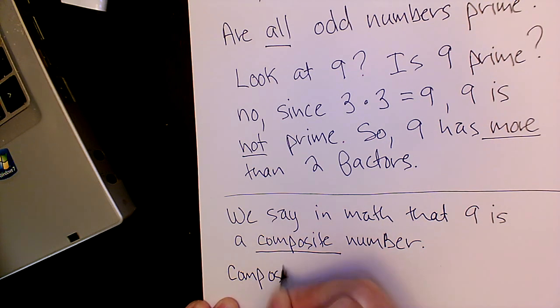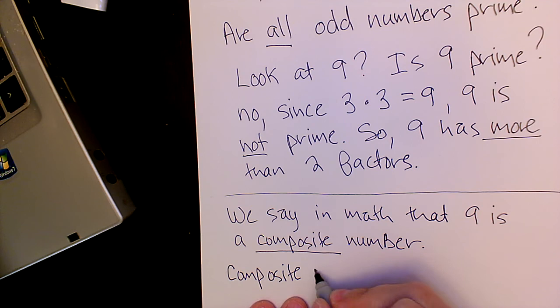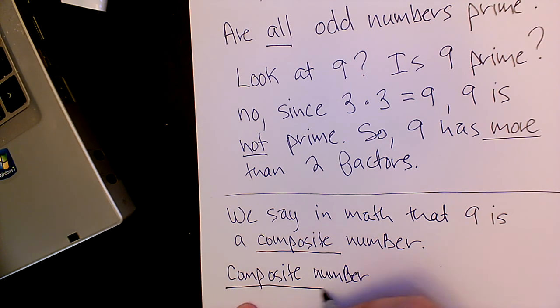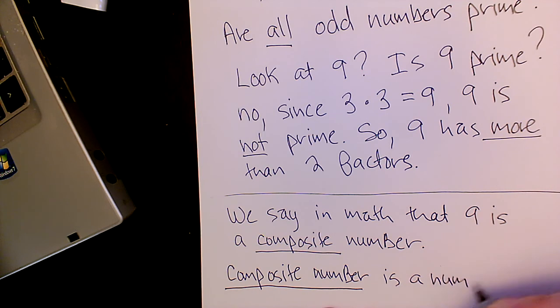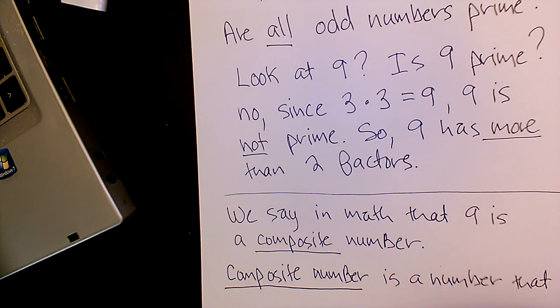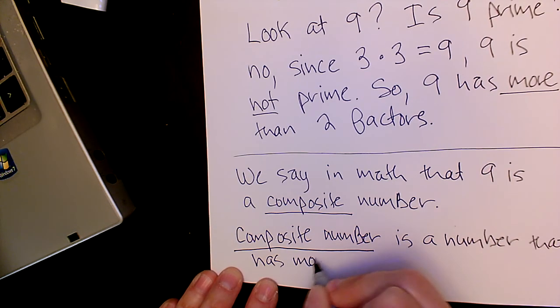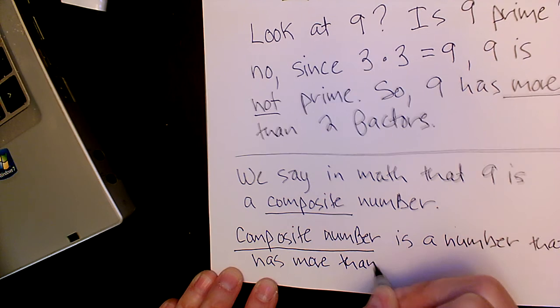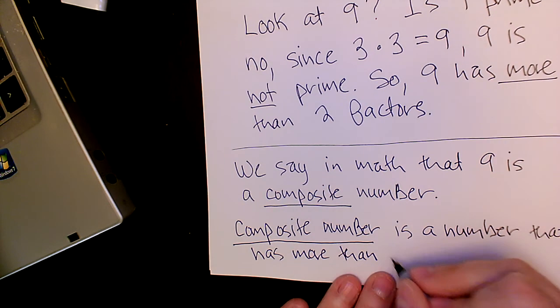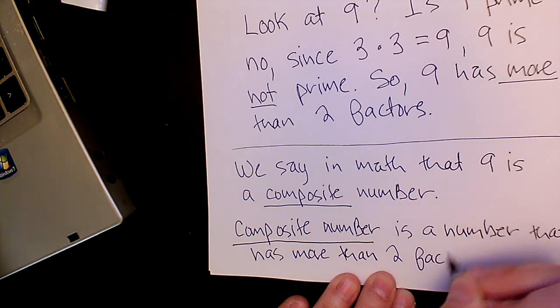So a composite is a number that has more than two factors.